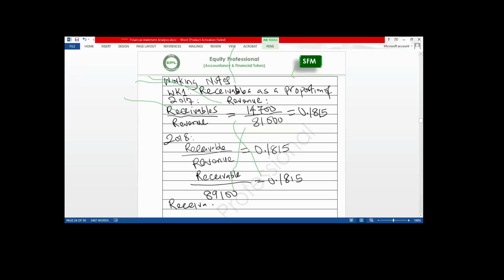Receivables is equal to cross multiply 89,100 multiplied by 0.1815. Please, what is receivable for 2018? 16,172. Thank you. God bless you.